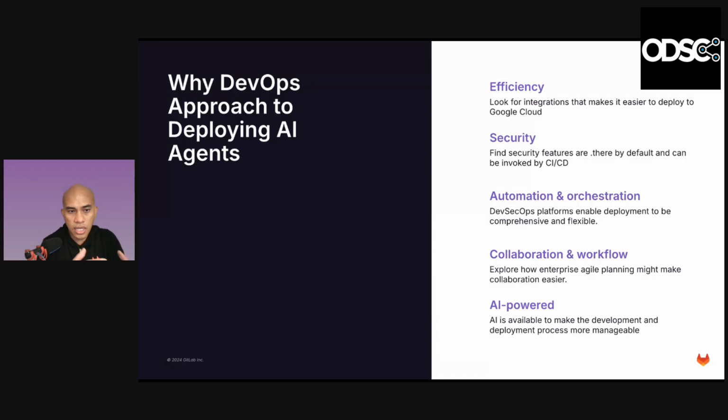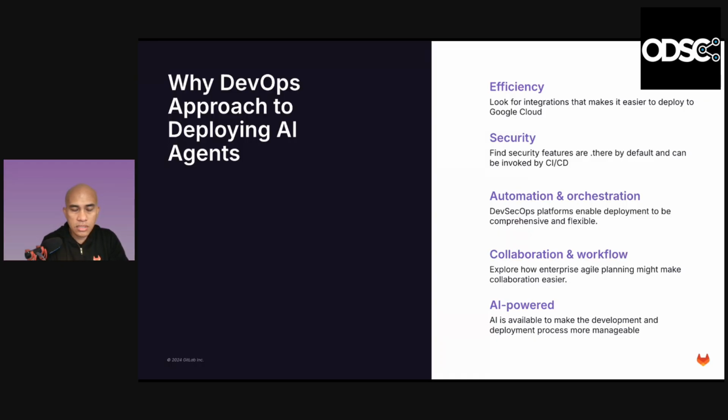It's operationalizing and automating the integration of your software, and then deploying it to your desired destinations and delivering it to your intended audience, right? I'll go through these quickly, but at the heart of it, you should really think about using a DevOps approach to your deployment because it's efficient.